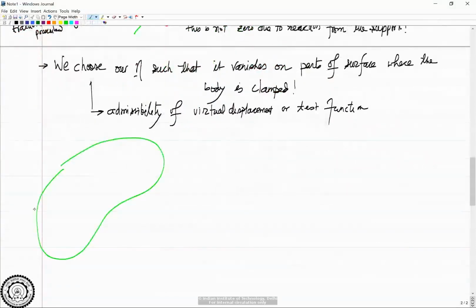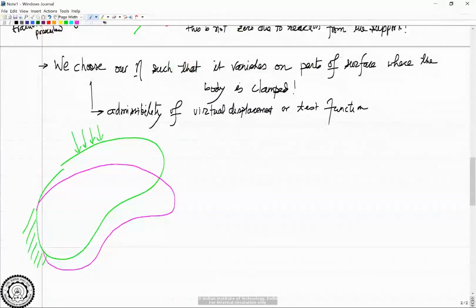This is the body which is clamped somewhere, and then you apply a force. Because of this force, the body may deform like this, right? But this part will be as it is, and this force may come down here.